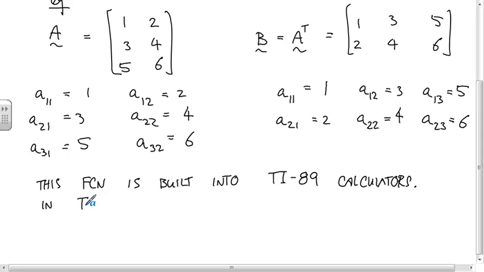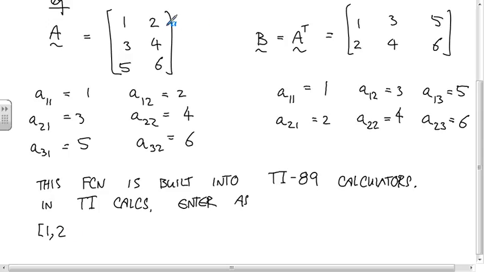In TI calculators, you'd enter a matrix as, so you do square bracket, and then you'd enter 1, comma, 2.